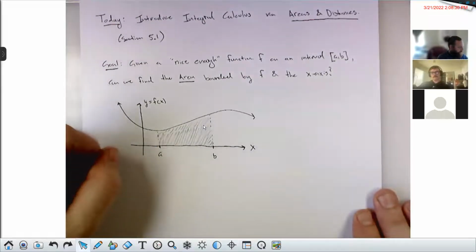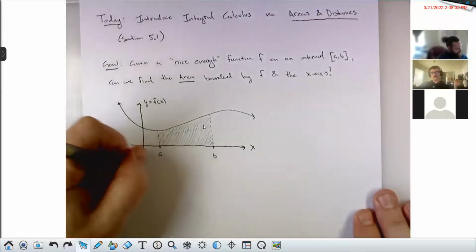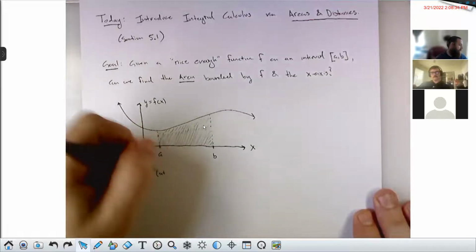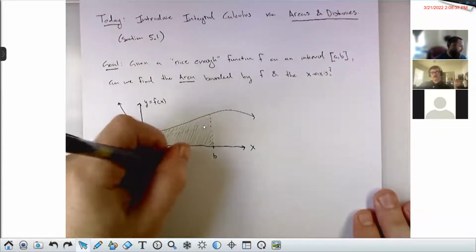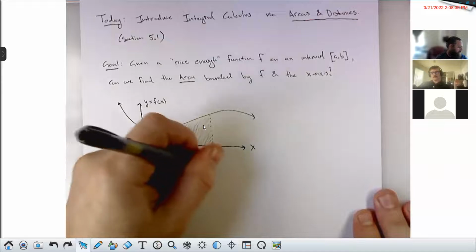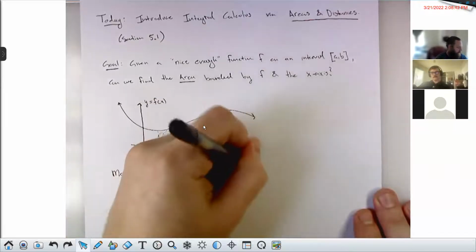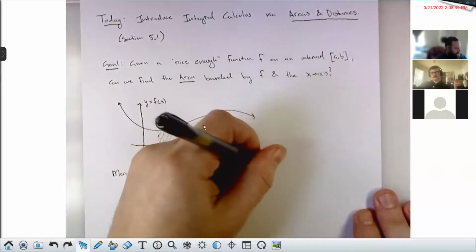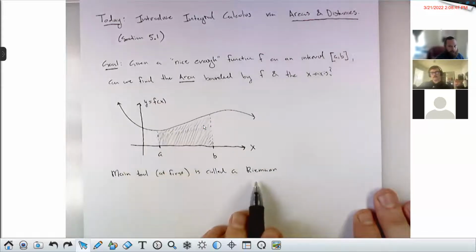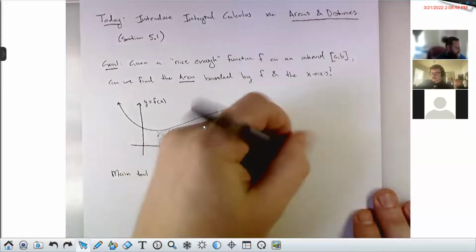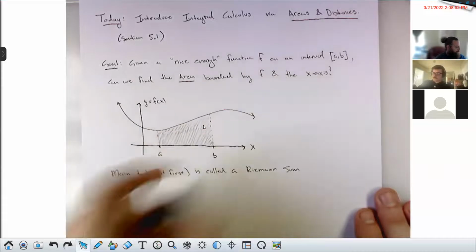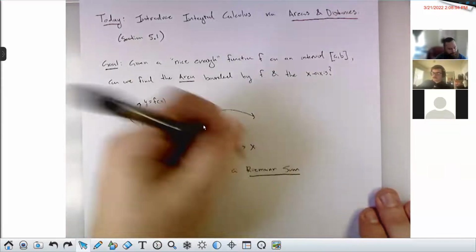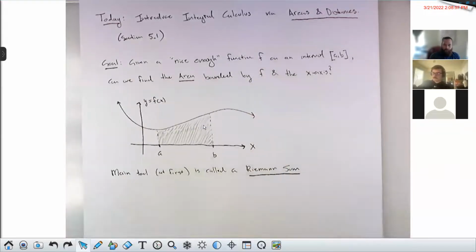The main tool we use at first here, later I will develop a better tool for this, is called a Riemann sum. Riemann is the name of a man, R-I-E-M-A-N-N. If you've ever heard of the Riemann hypothesis, it's a very famous problem in mathematics that is open to this day, still unsolved, worth $1 million if you can solve it. It's named after the same guy.